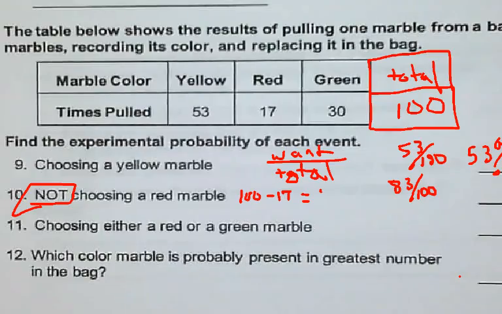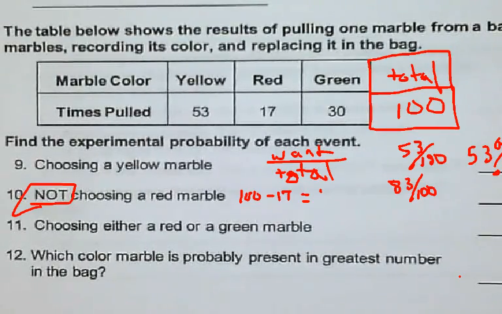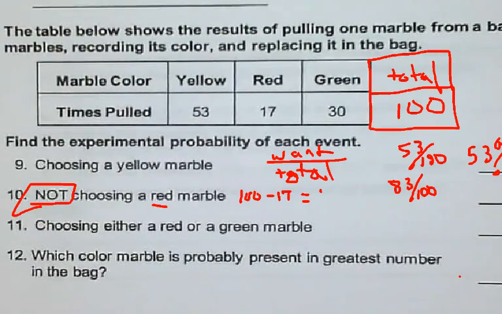So when I reach my hand in the bag, 83 times out of 100, I'm not going to have a red. That's what I'm saying. Because I'll have a yellow or a green, right? If you don't get a red, you have to come back with a yellow or a green. So the complement is that this does not happen, right?